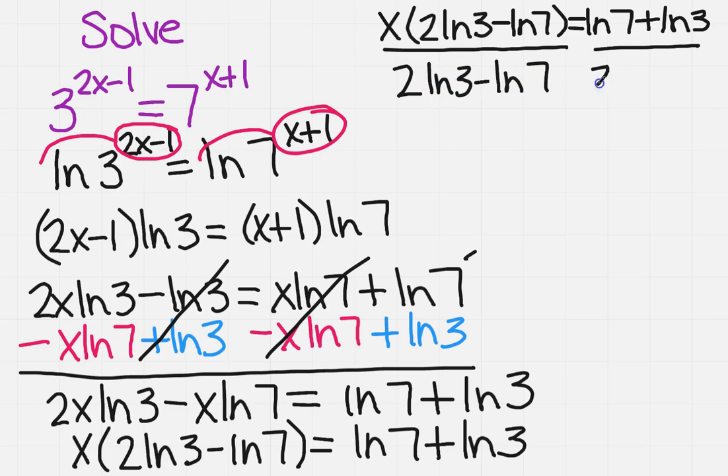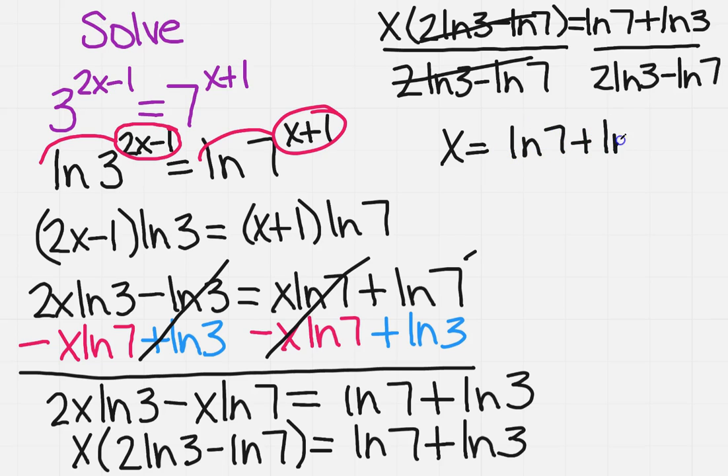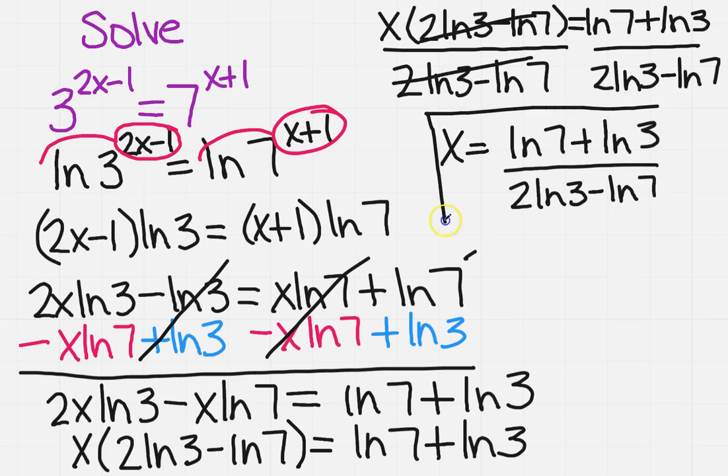So I'm going to divide both by 2 ln 3 minus ln 7. That's going to just give me x, because remember anything over itself is 1. And that's going to equal the ln of 7 plus the ln of 3 all over 2 ln 3 minus ln 7. So that's our final answer.